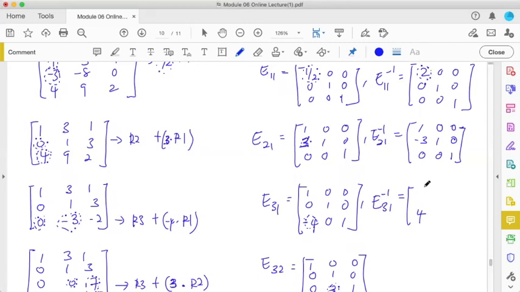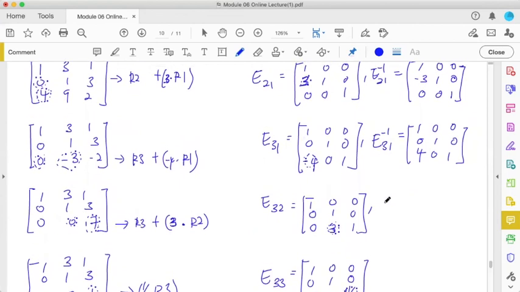The rest of the coefficients will remain the same. And for E32, we take the inverse. Only this 3 changes to become -3. The rest of the coefficients remain the same.